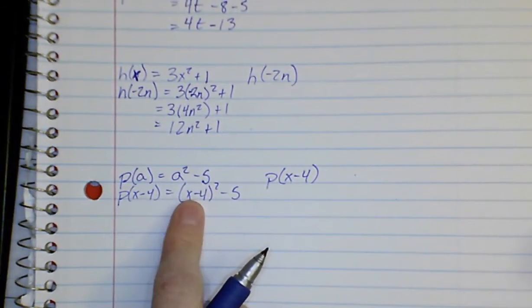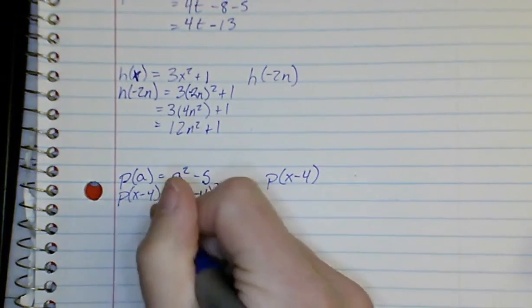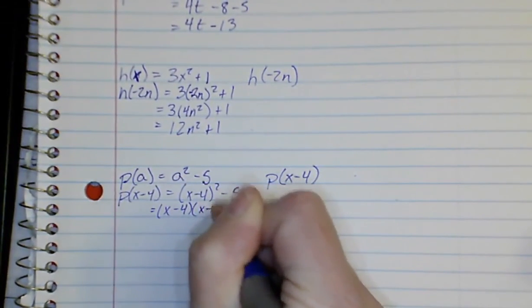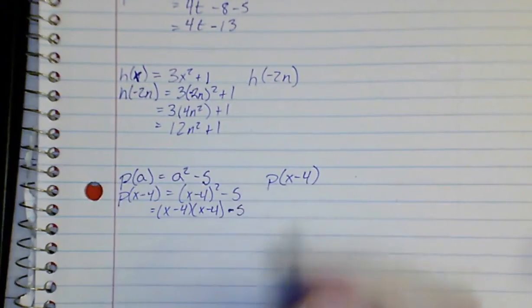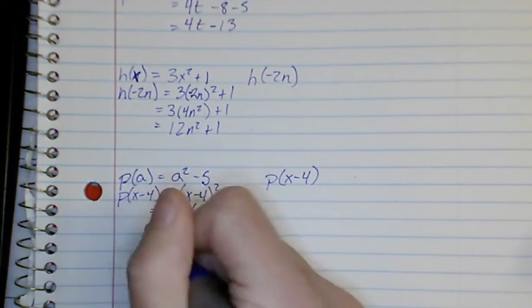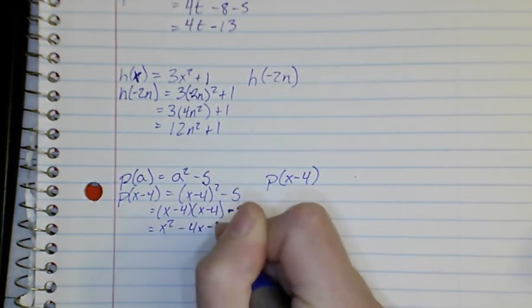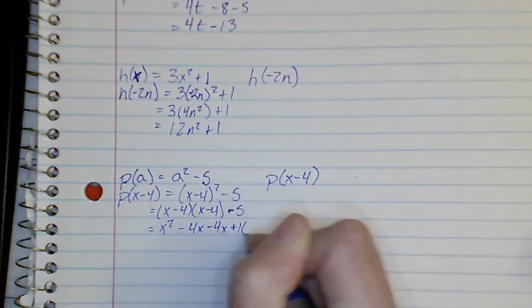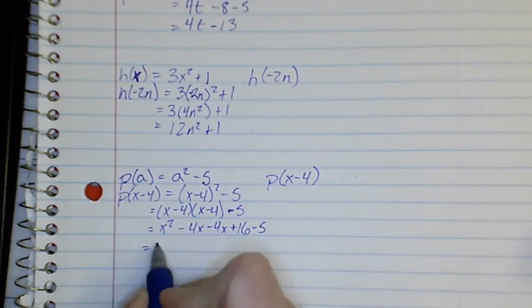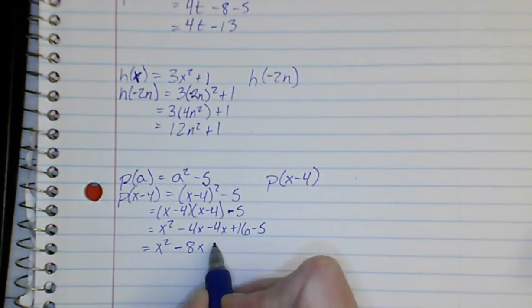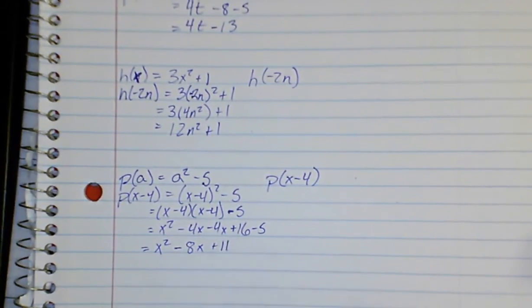This is an exponent, and we're bound by subtraction, so we have to copy it two times, and then FOIL. So x squared minus 4x plus 16 minus 5, minus 4x.